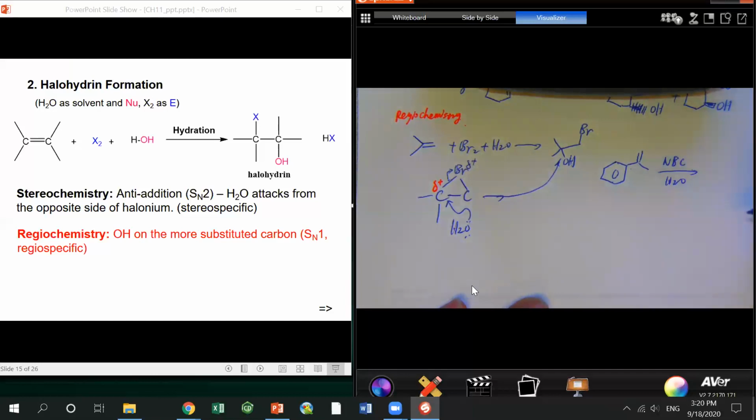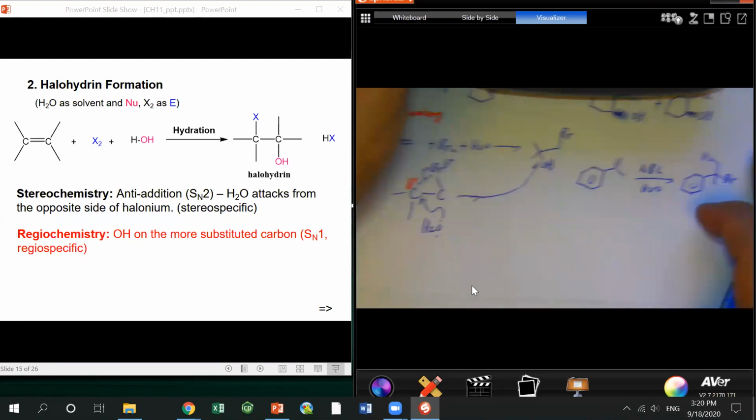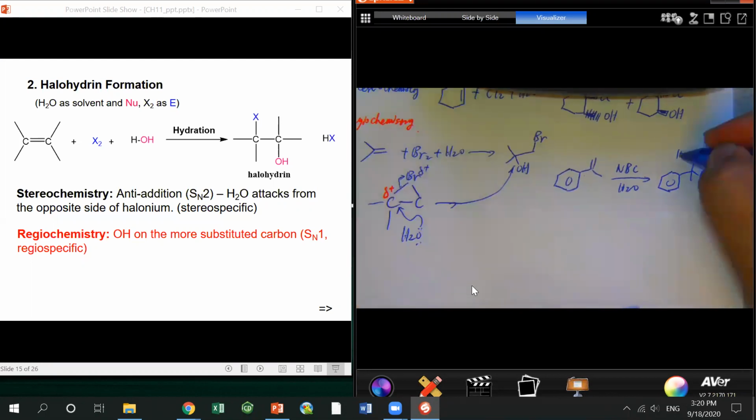Remember, if you did the pre-lab, you understand you have two possible products. One is like this, and another one is like this.